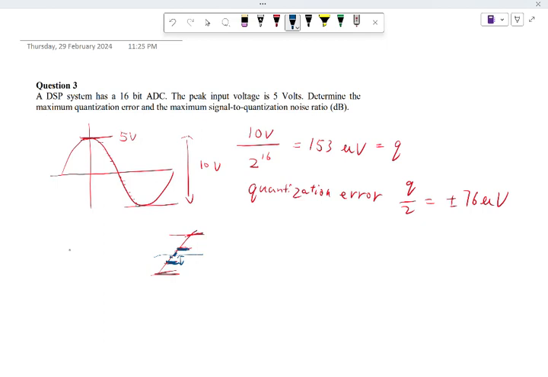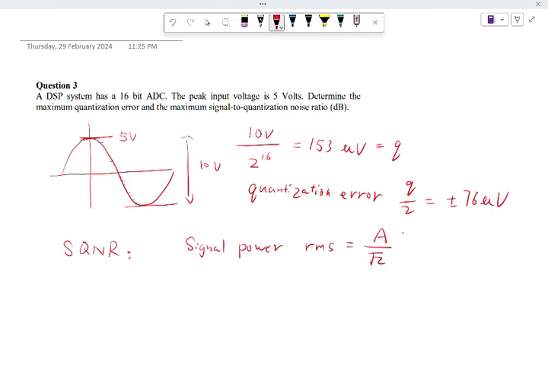Okay, so the next part is we're going to calculate the SQNR, which is the signal to noise ratio. We're going to assume the signal is a sinusoidal signal. So the signal power, in RMS value, equals A over root 2.